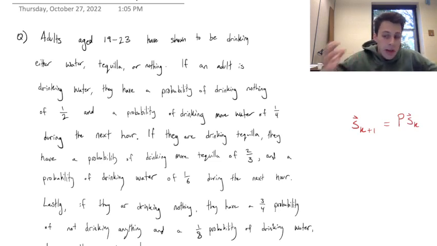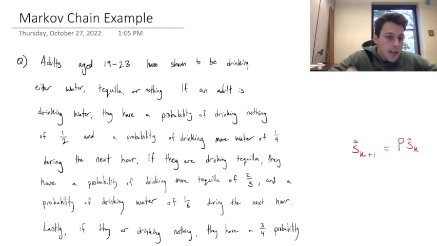So it's just a matrix vector product, but it gives us the probability on the next day. That is what a Markov chain is.